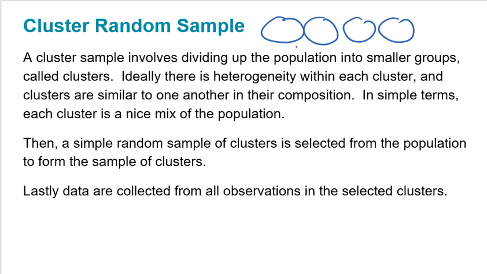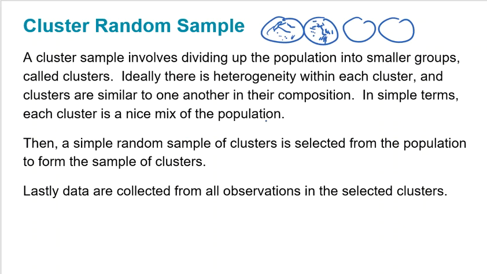So here we're going to create a cluster that's made up of males, females, African Americans, whites, Asians, Indian. We're going to make this group very, very diverse. So this group in and of itself is very heterogeneous, which means very mixed up, very different. So this group is also going to be heterogeneous. Males, females, African Americans, rich, poor.